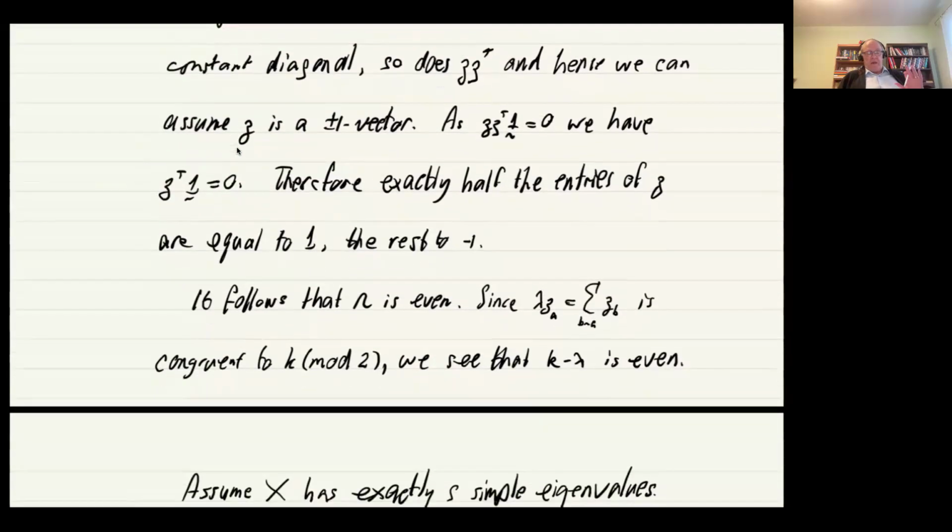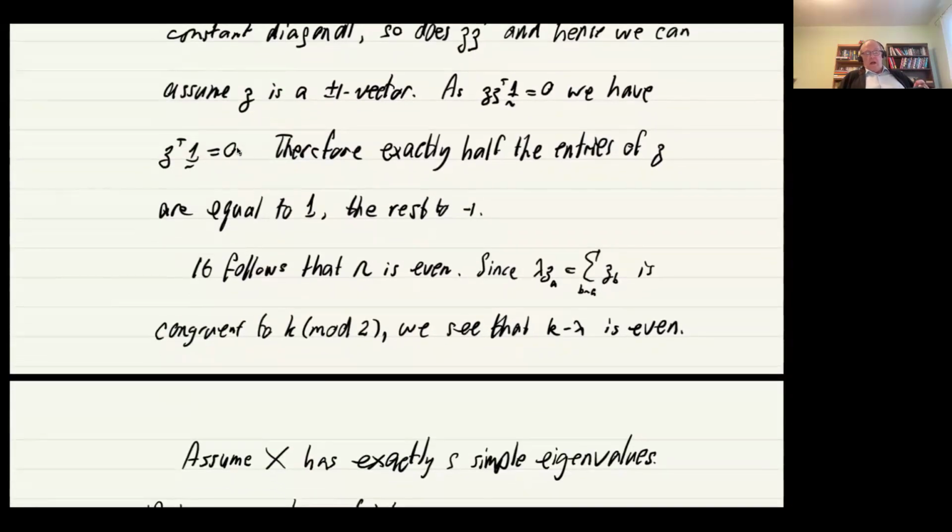Now that's taking care of the structure of the eigenvector. What do you say about the eigenvalue? Well, we look at our basic equation. If Z is an eigenvector for A with eigenvalue lambda, then lambda Z_a is equal to the sum of the values of Z on the neighbors of a.